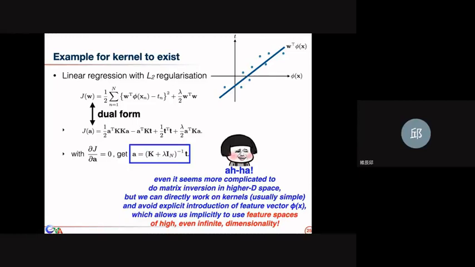That means even if you are using a very simple kernel, its corresponding feature representation can be very high or even infinite dimensional, because we are able to use very complicated features. Usually the high dimensional feature can give you some benefits.